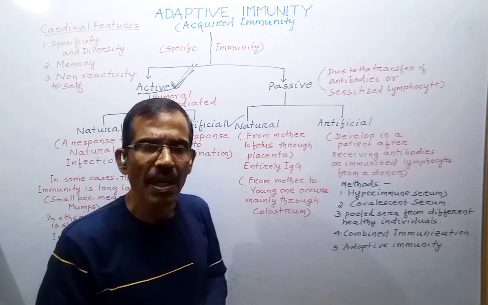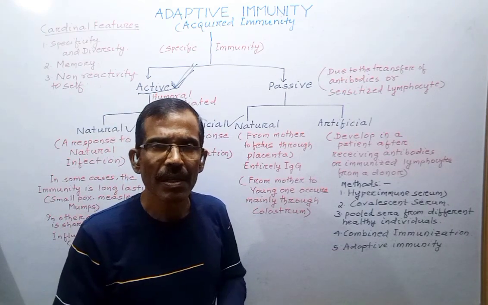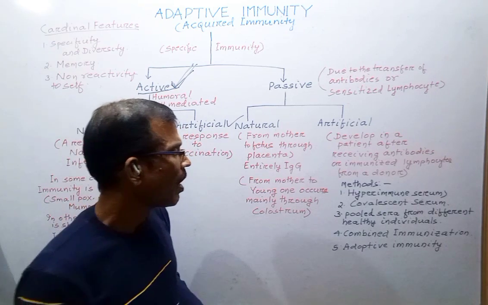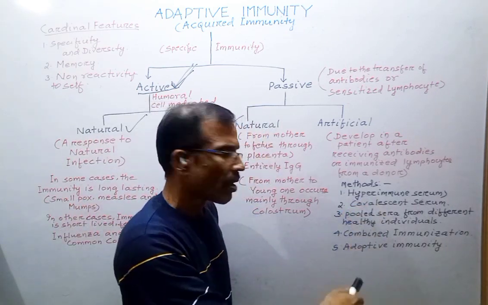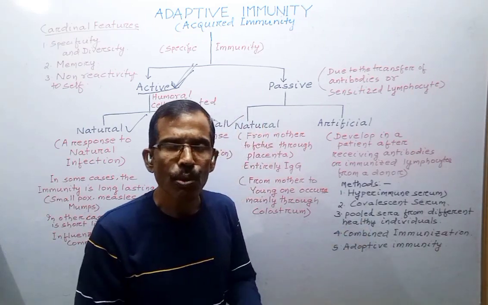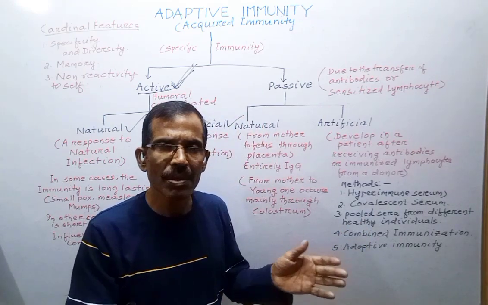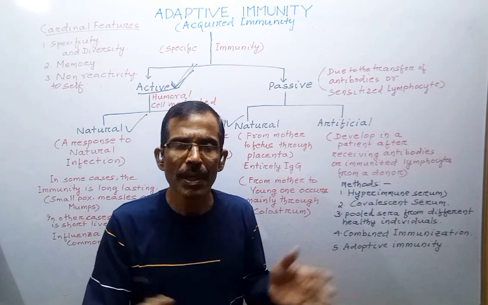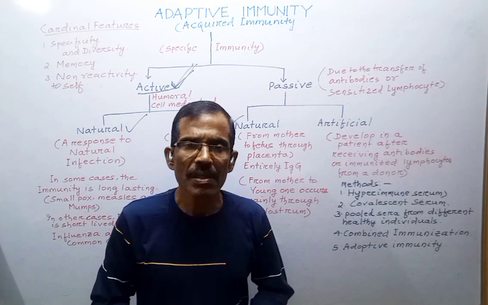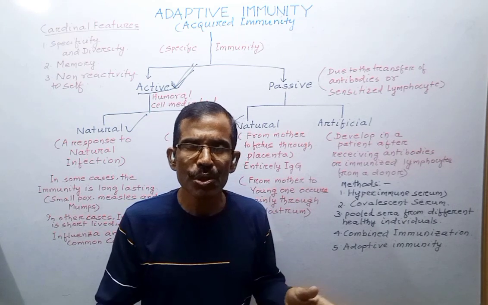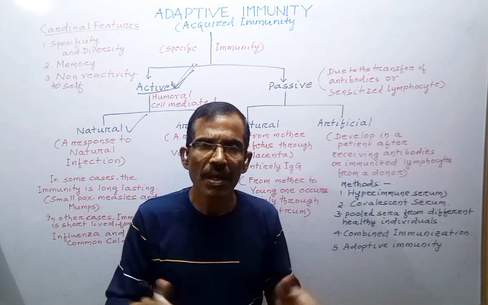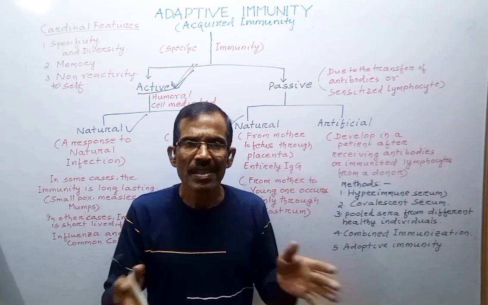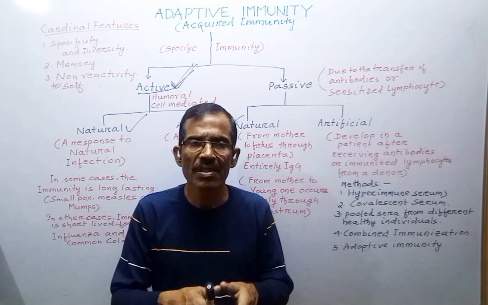Passive immunity can also be developed artificially by different methods, for example, through the transfer of hyperimmune serum, convalescent serum, pooled sera from different healthy individuals, and combined immunization. Passive immunization is therapeutically used in the treatment of diphtheria, tetanus, gas gangrene, snakebite and immunodeficiency diseases.